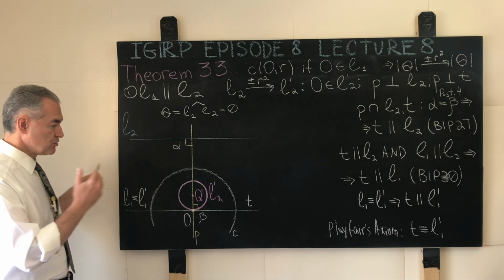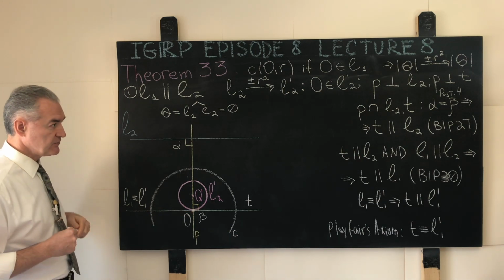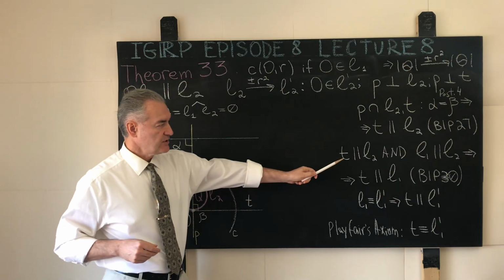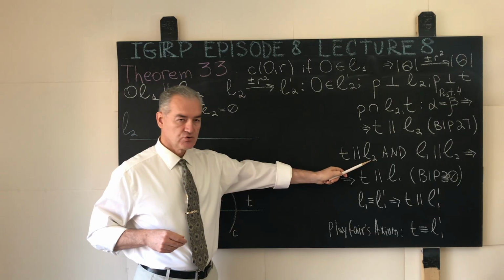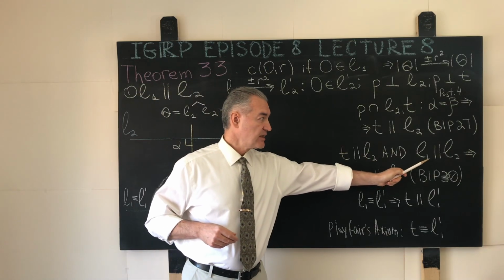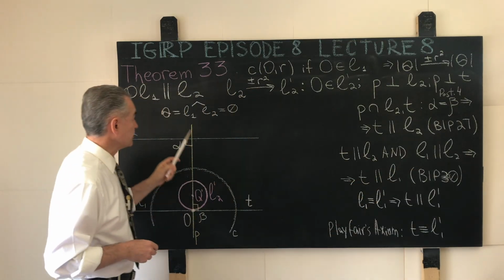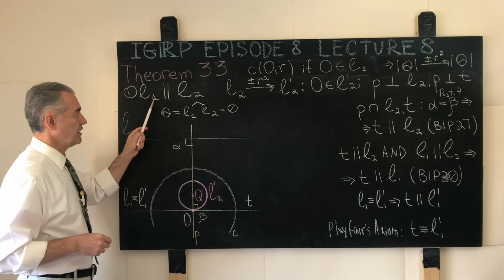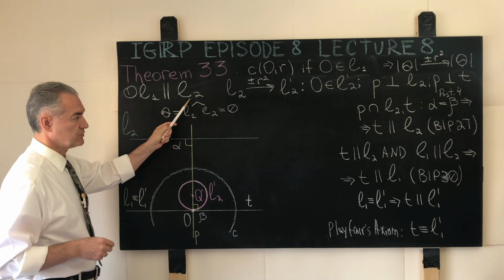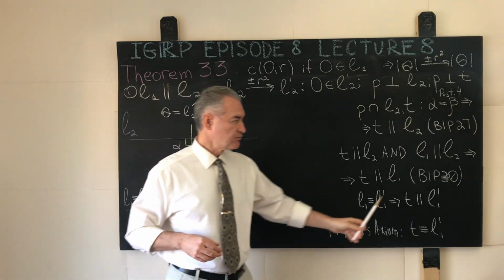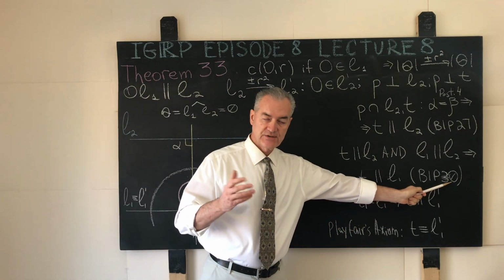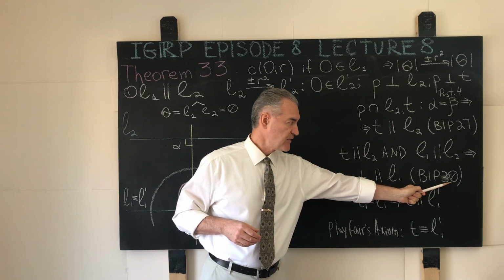So now we're rolling to the next step. If we have the straight line T parallel to the straight line L2, and the straight line L1, remember this is our assumption right now, case number 1, L1 is parallel to L2, we have precisely the setup of Euclid's Elements, Book 1, Proposition 30 that I discussed in the opening segment of this episode.